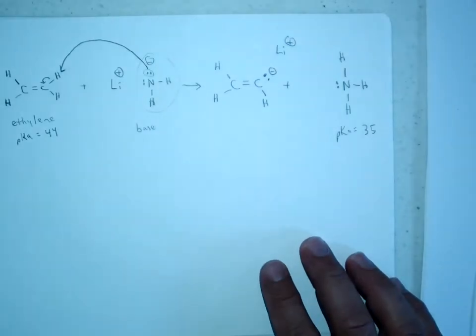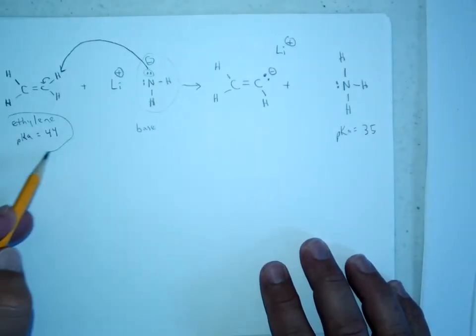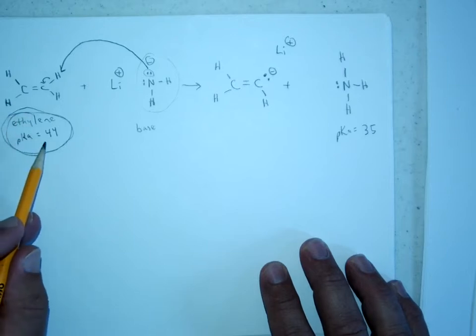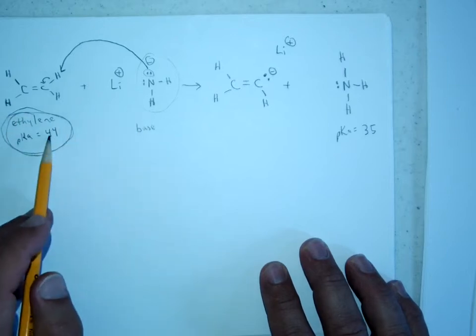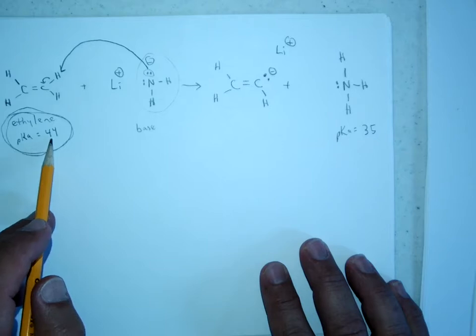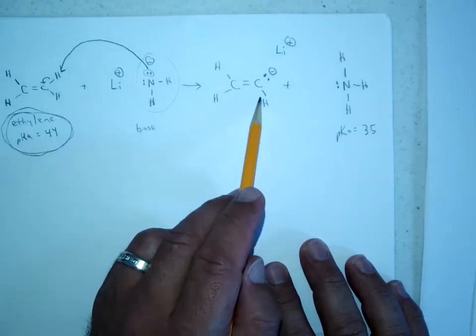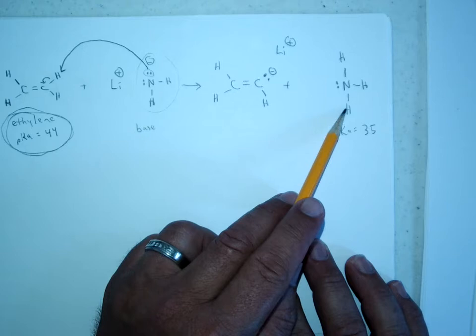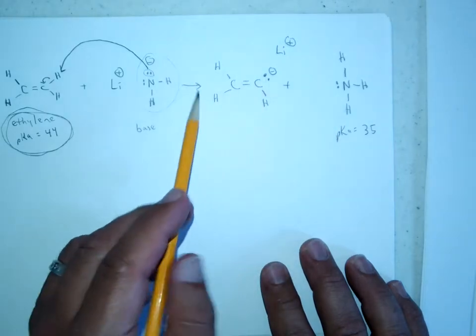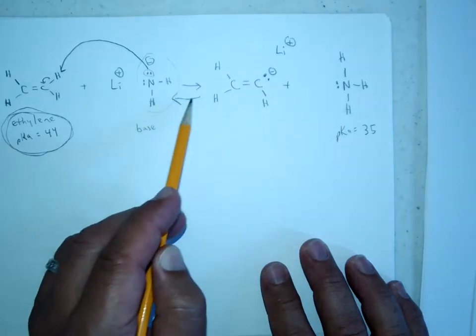So what this is telling us is that you started with the less reactive stuff, and so there's no real reason for this base to grab a proton off of this terrible acid when this better base could take the proton off a better acid and react to form the reactants.